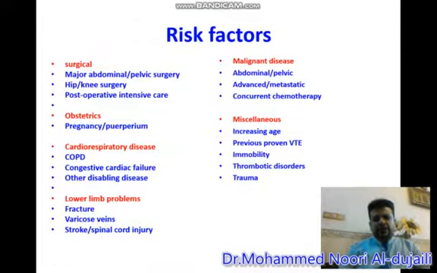Risk factors. Many risk factors lead to the development of deep venous thrombosis and pulmonary embolism.